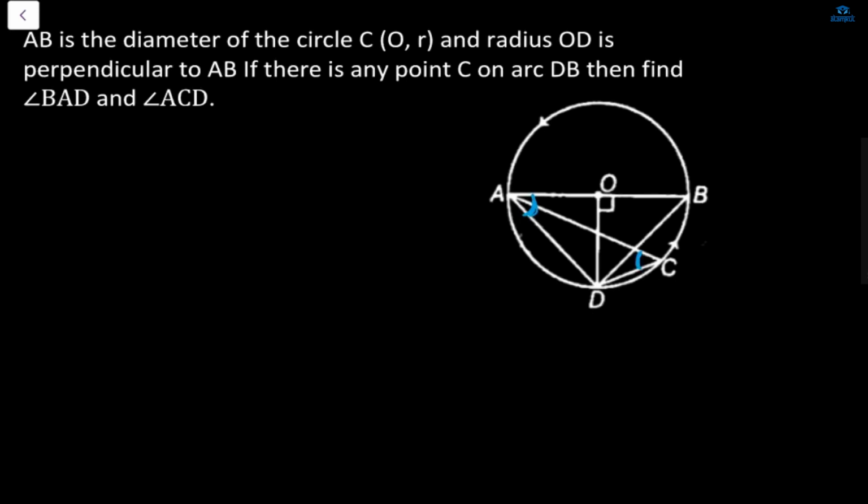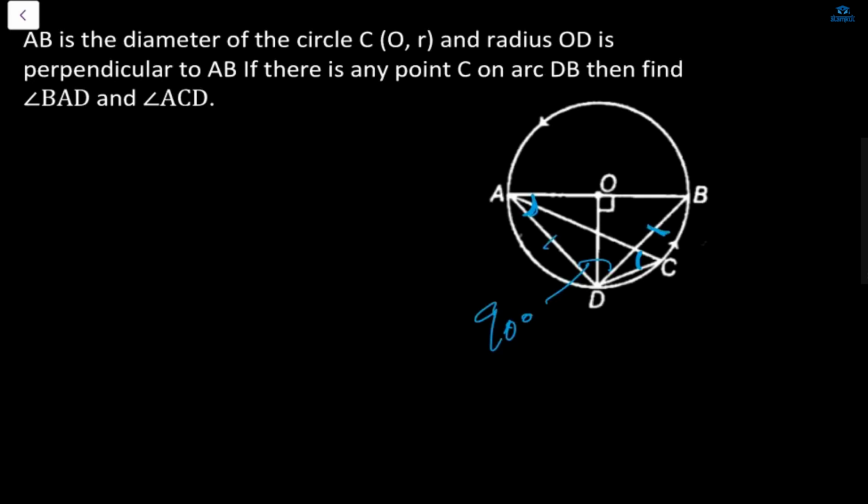Now, how are you going to find these two angles? If you want to go very simple, only the basic properties will be used. As AB is the diameter, the angle on the circle will always be 90 degree. OD is perpendicular to AB, so it will be 90 degree, and OA, OB and OD are radii of the circle.